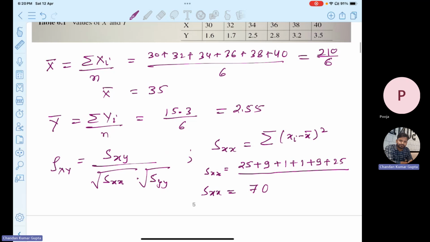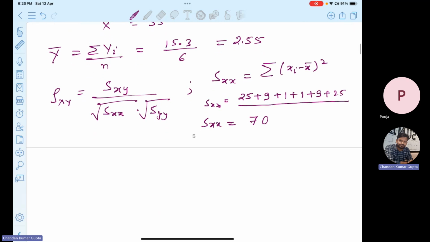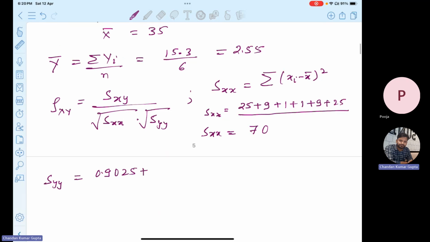In a similar manner, you can calculate Syy. It is 0.9025; you can just solve.